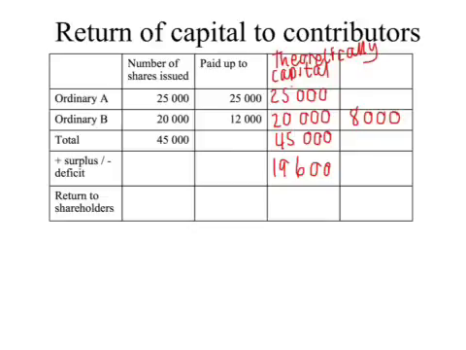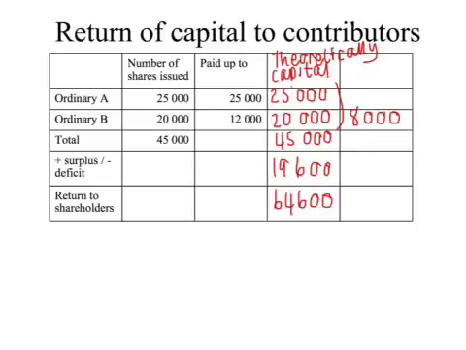So theoretically, we would have distributed to the shareholders $64,600 based on the capital contribution at the full issue price of the shares, as well as adding the surplus that was left after all the creditors have been settled.